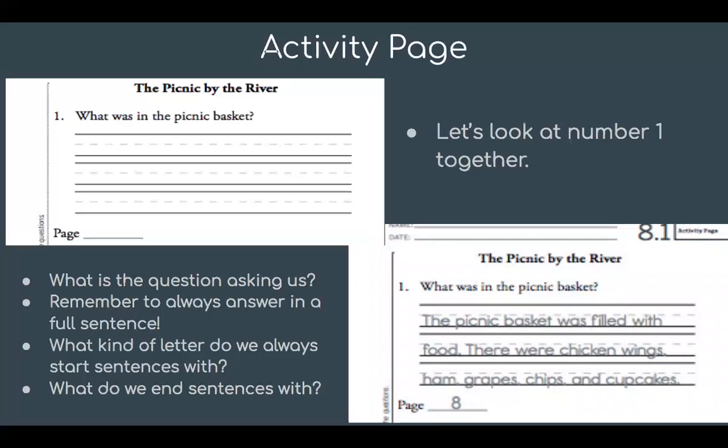There were chicken wings, ham, grapes, chips, and cupcakes. And if you notice, they have capital letters, they have spaces between their words, and they have periods. So keep that in mind as you answer the questions on your own tomorrow.